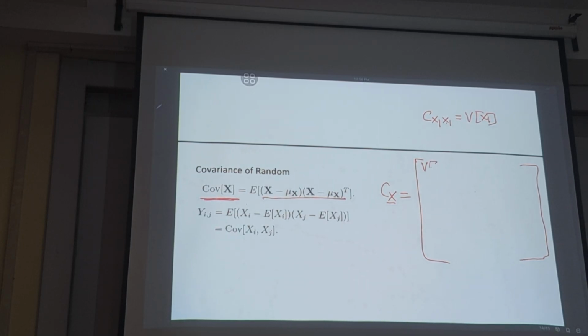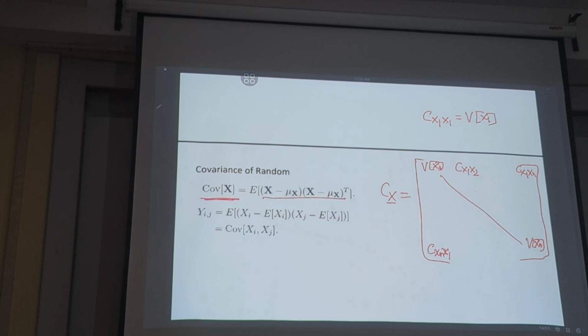So the diagonal elements are the variance of random variables x1 to xn. What are the off-diagonal elements? The off-diagonal elements are the covariance of xi and xj. Here it will be x1, x2. Here it will be xn, x1.